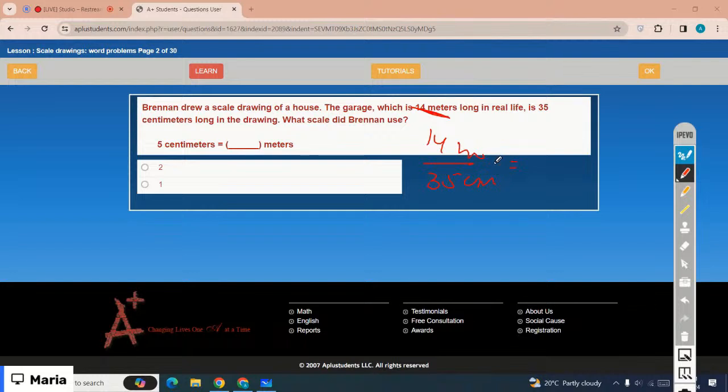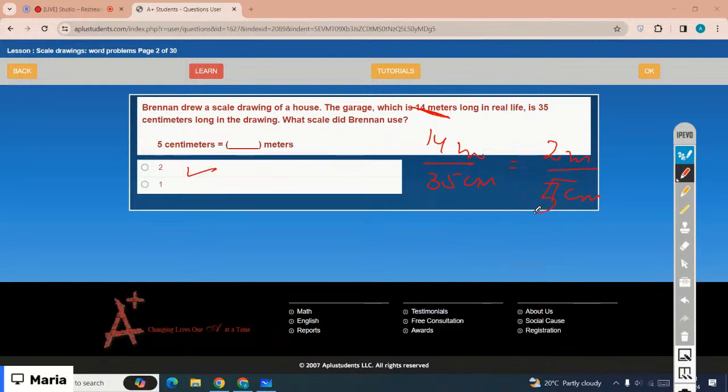You have to see the scale used. So you have a common factor of 7, that is 2 meters divided by 5 centimeters, right?